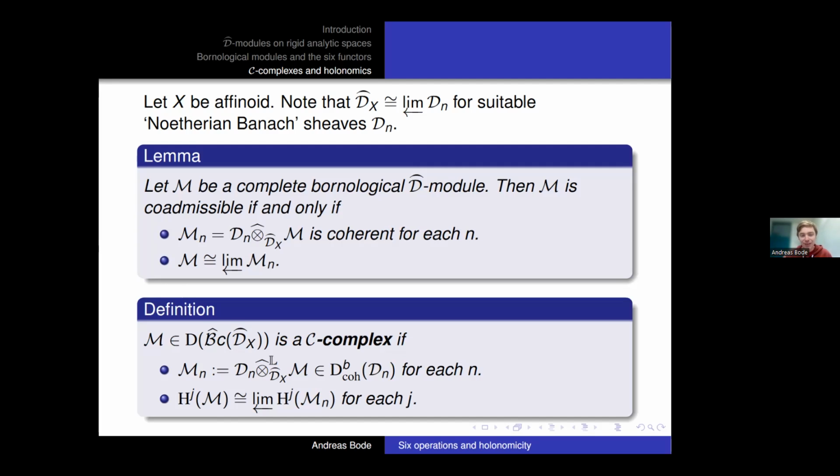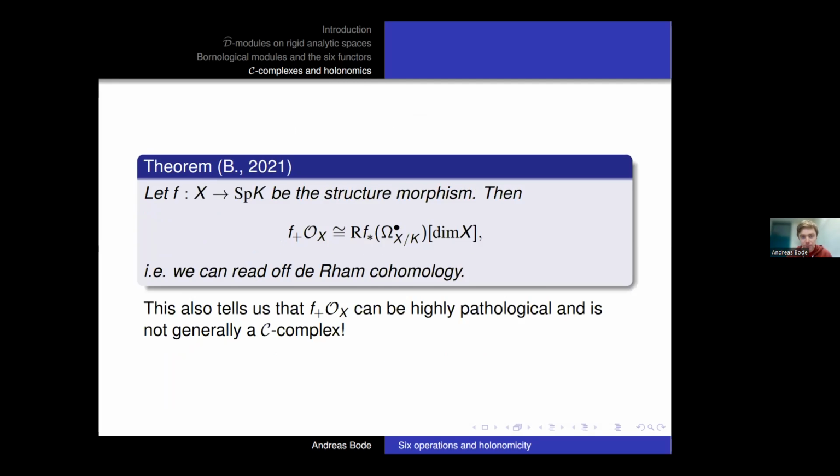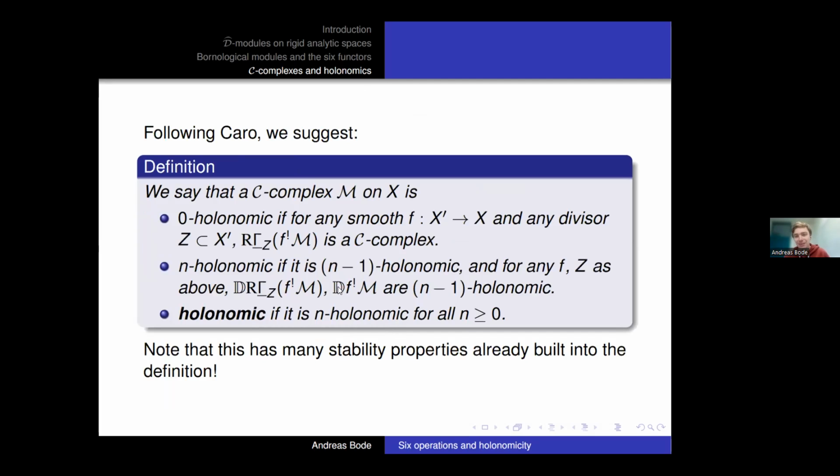All the functors that are relevant in the definition of holonomicity then get translated compatibly. So you can make sense of C complexes in the condensed world. You can make sense of the same notion of holonomicity, and they're compatible.